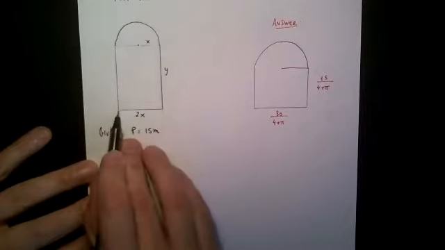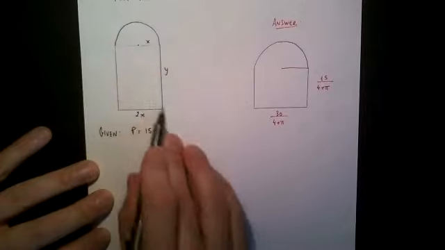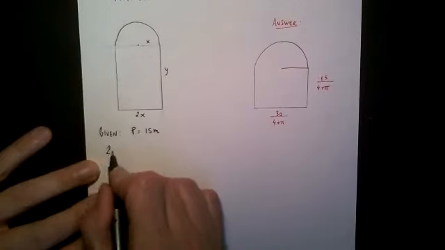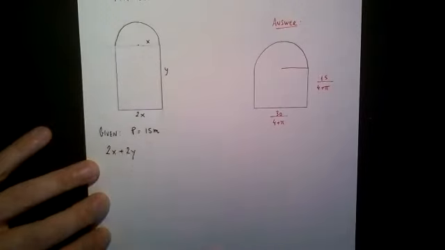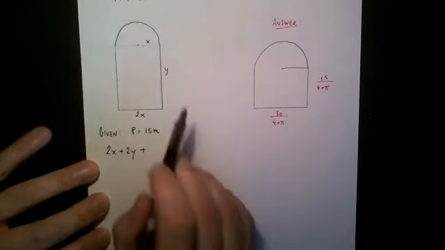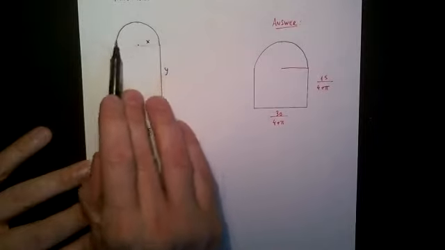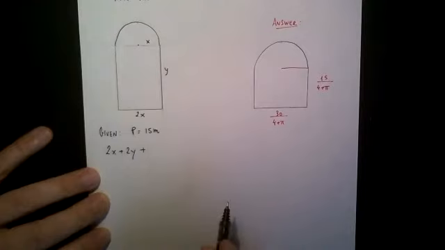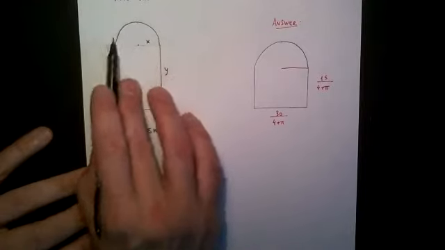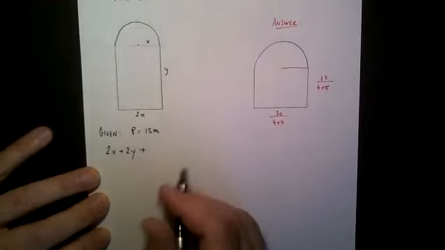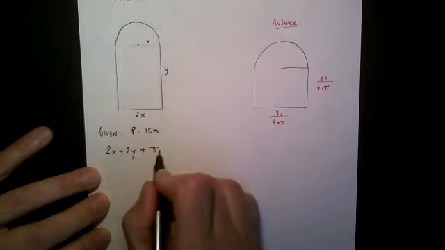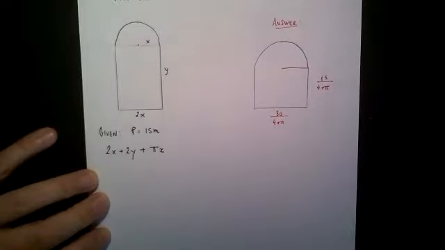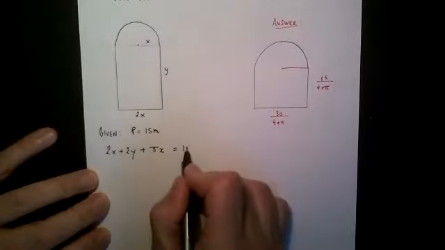The perimeter will be 2x plus y plus y, so 2x plus 2y plus the perimeter here of the semicircle. What's the perimeter of a circle? It's 2 pi times the radius. But since we have a semicircle, it's just pi times the radius. So it's going to be pi times the radius, which is x. And that has to equal 15.